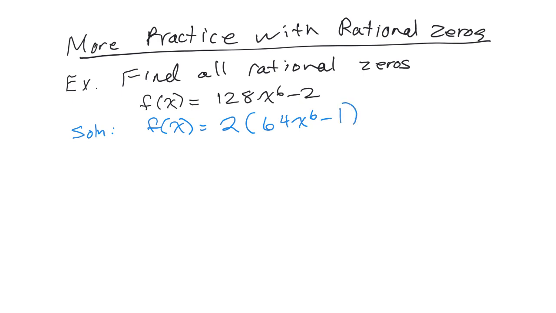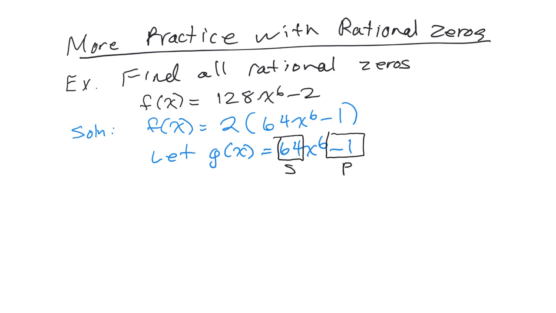Okay, now, in order to make our life easy, we're going to let g(x) equal 64x to the 6 minus 1. Now, we normally identify the p's and the s's in order to find our fractions, right?